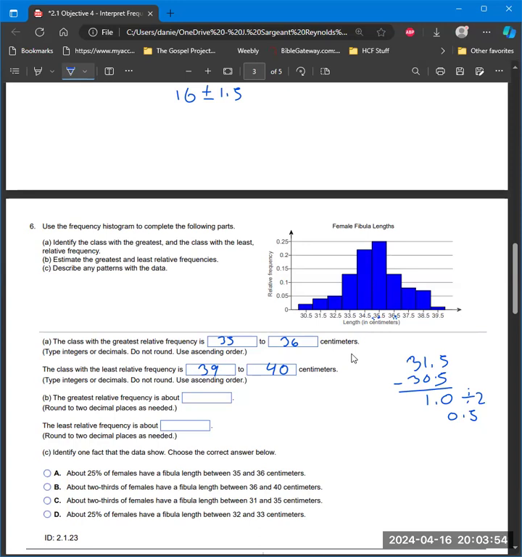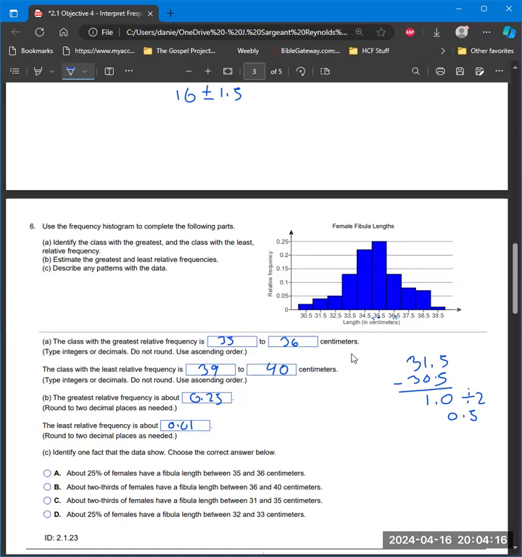The greatest relative frequency is about 25%. The least relative frequency is about 1%. It's down here, about a fifth of 5% is about 1% there. And what's something that the data can tell us?